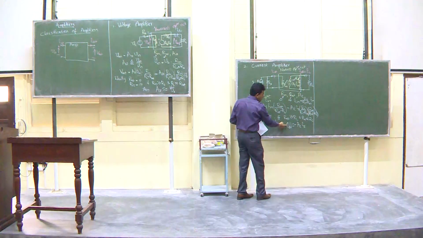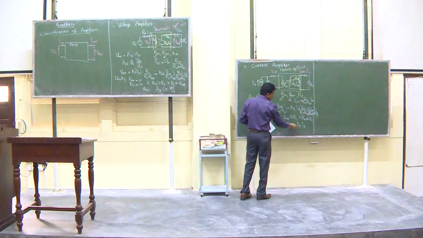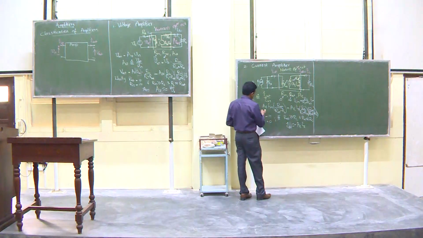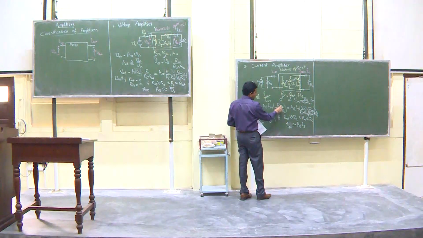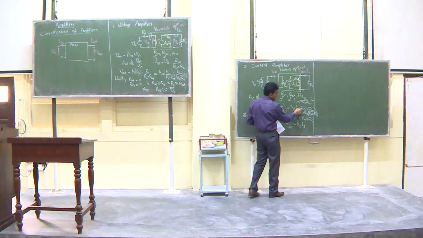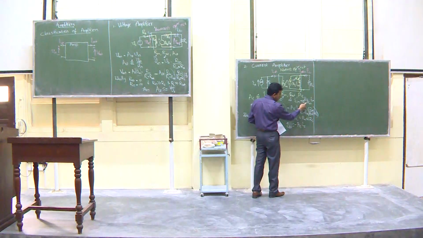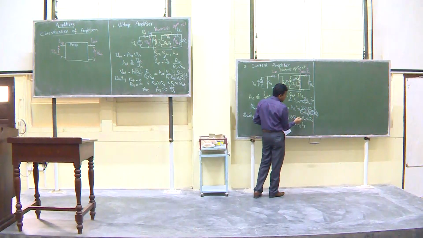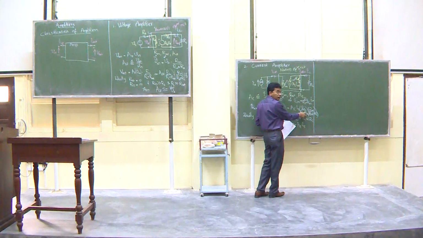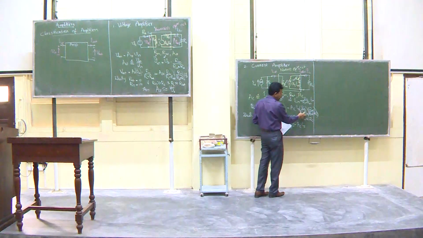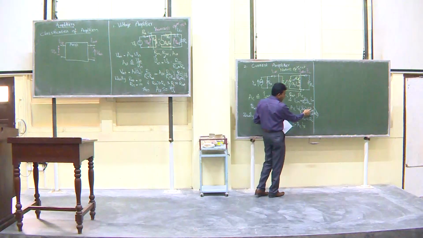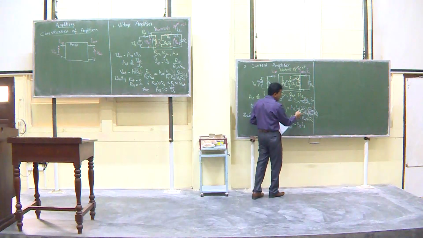See, AI will be, if this term is much smaller than this, then we can make this equal to 1. And this Rs has to be much bigger than Rin, so this is 0, so this is 1, and R out is much bigger than RL, so therefore this is infinity, so that again is 1.